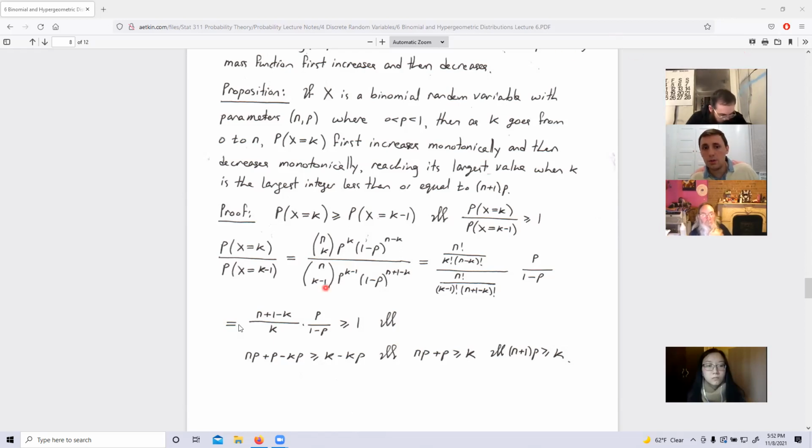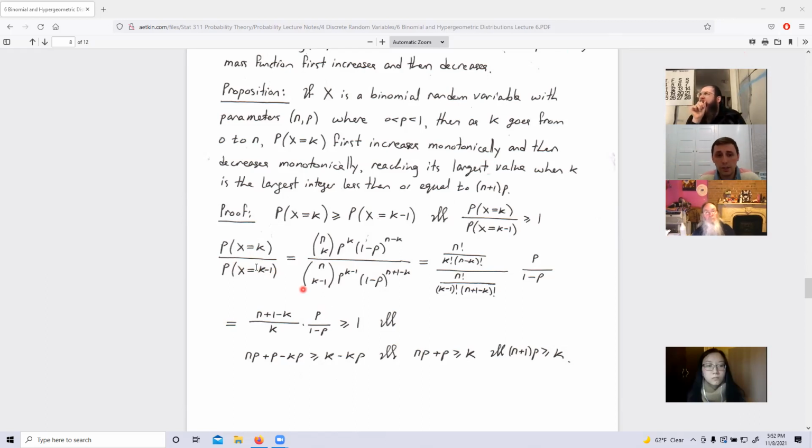And this can also be used as a recursive procedure. If I calculate this probability, I can figure out the next probability. I'm not going to go there, but calculating each k directly is very costly, but you can create a recursive procedure to calculate the next probability from the previous probability by multiplying it by rather few numbers.